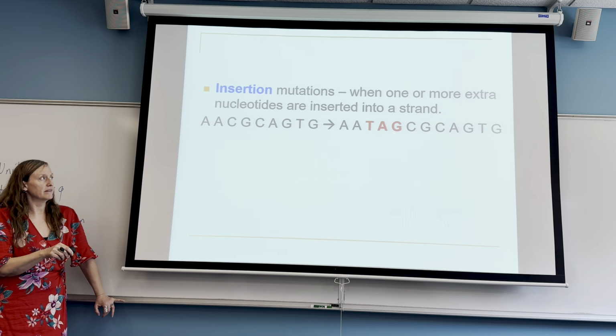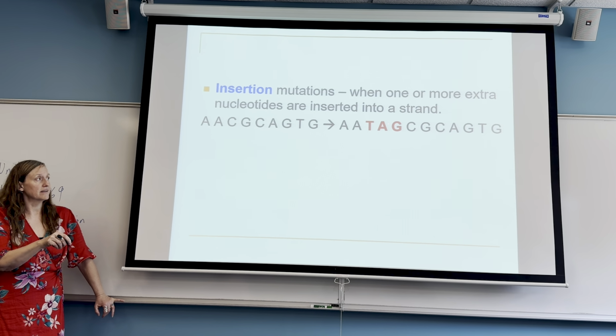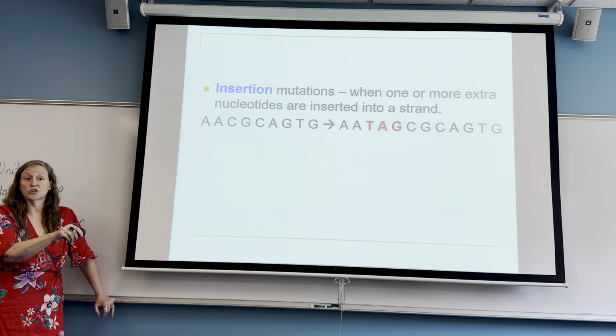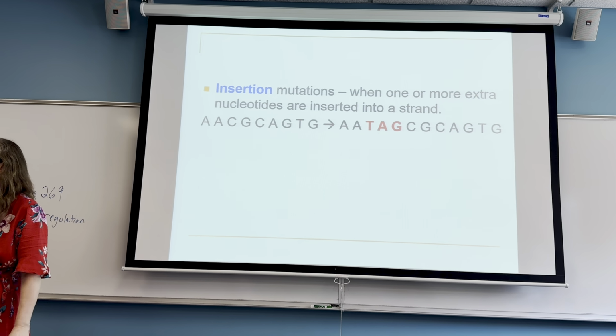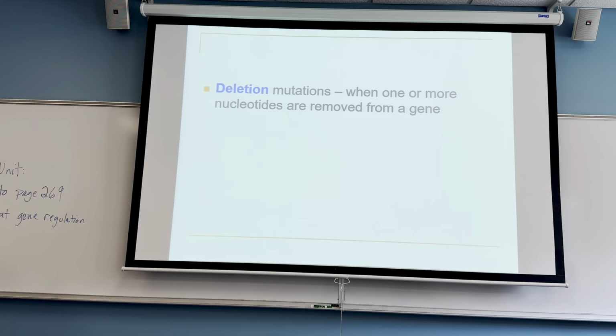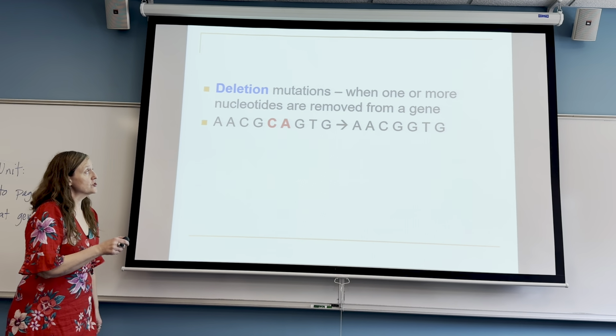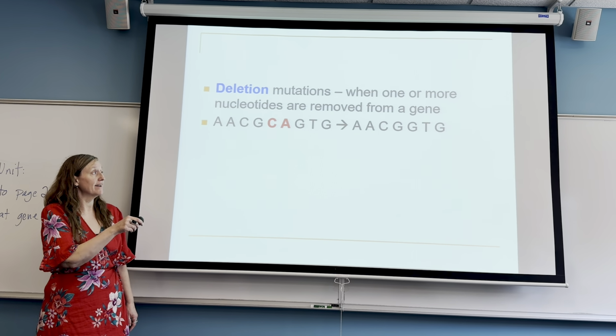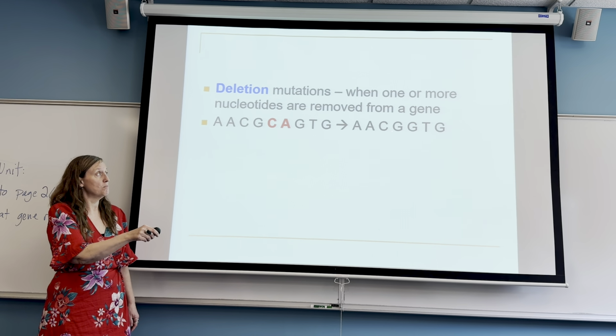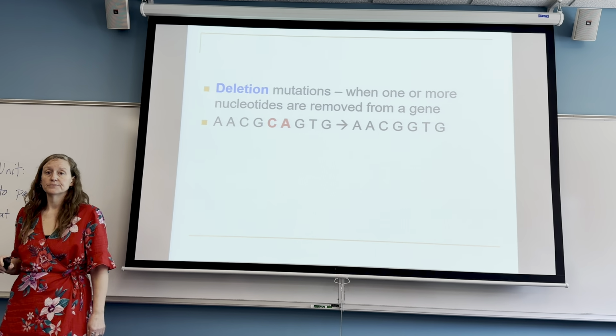You would see that the DNA strand goes from this, and it is a little bit longer because it has 3 extra nucleotides added. And then a deletion mutation is when one or more nucleotides are deleted from the strand. So in our strand after that AAGC, we had a CA, and they are missing from the final outcome.